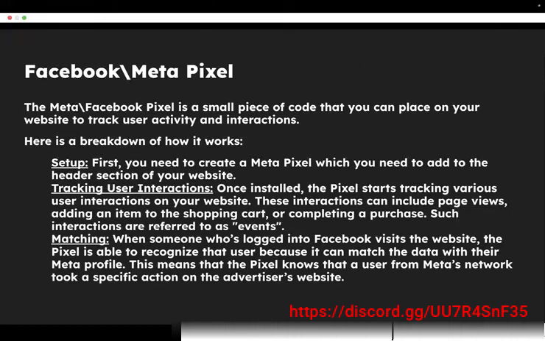Once installed, the pixel starts tracking various interactions of the users on your website. These interactions can include page views, completing a purchase, filling a lead form, and those interactions are referred to as events.